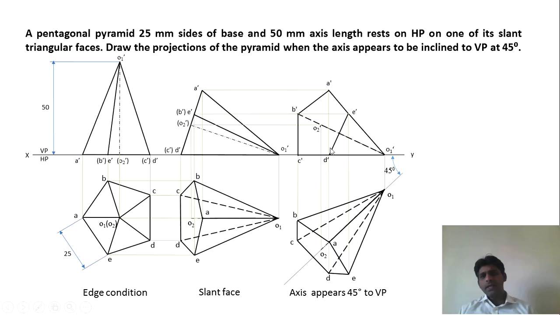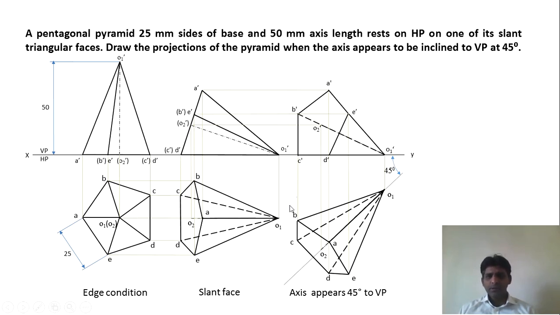So in this view it will be E dash D dash, E dash A dash and E dash O1 dash. So join all the points. We have already joined the points A dash E dash and E dash O1 dash because they are the boundary lines. The only line remaining was E dash D dash, which has to be drawn as a continuous line.